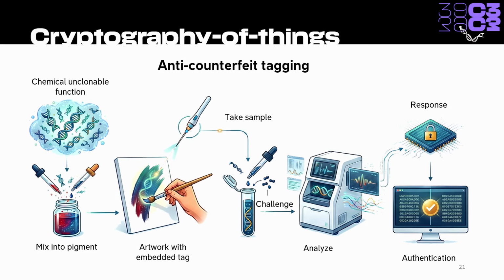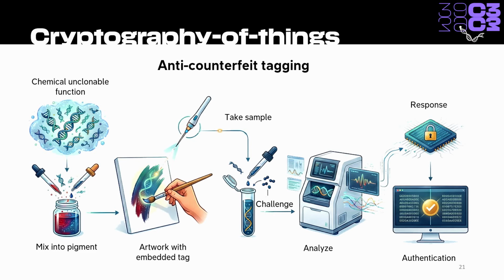And again, I want to come back to DNA of things, because of course this distributability doesn't only go for multiple users, but again, we can also embed it into materials. And here you see an idea how to authenticate artworks, where we would, for example, integrate a chemical unclonable function into a pigment, then use that to paint an artwork.